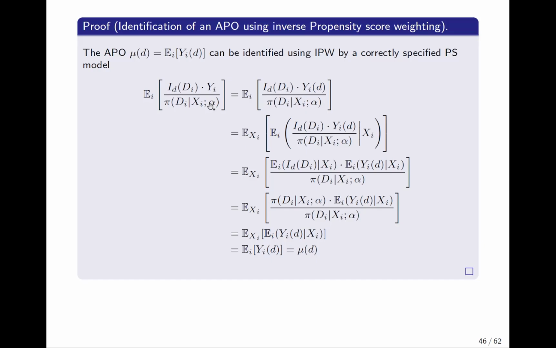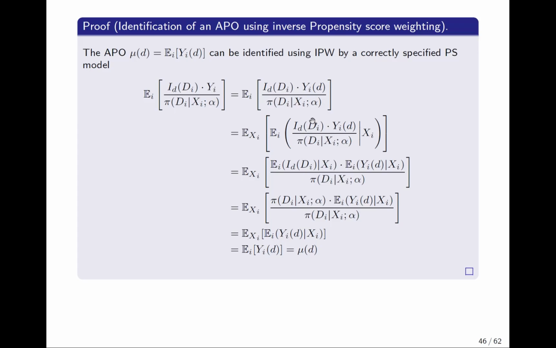Through the stable unit treatment value assumption, that fundamental consistency property I discussed earlier, as long as we are talking about an indicator variable saying i received dose D, then we can replace yi with its potential outcome, because these two numerators are the same in this case. We can condition on x. We're allowed to do this via the conditional independence assumption. So that's what we've done there. We've conditioned on x and we've taken iterated expectations, and that's just the same quantity here.